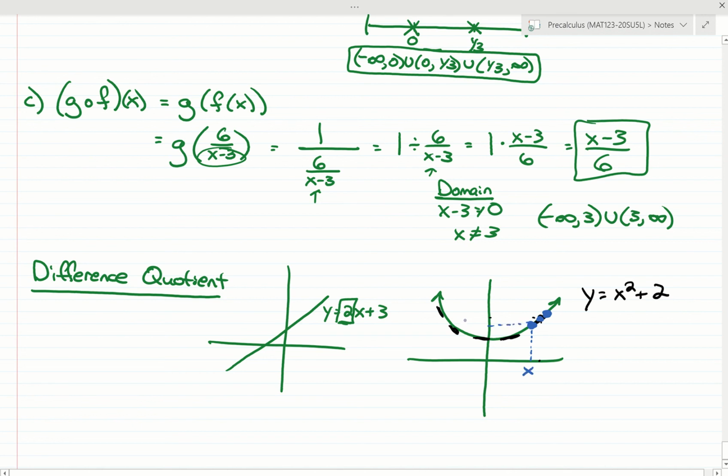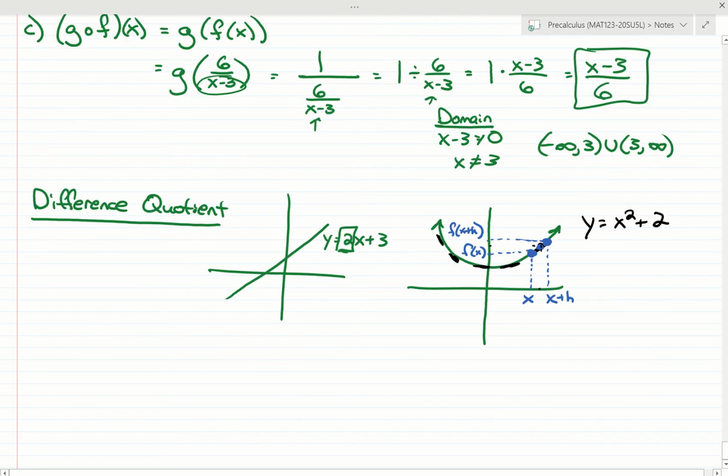So this value would be f of x. And a little bit further on, I don't know how much further, we'll just say a little bit further, x plus h, where h is just like a little bit more. Well, if we want to find the y value at that point, that would be f of x plus h.